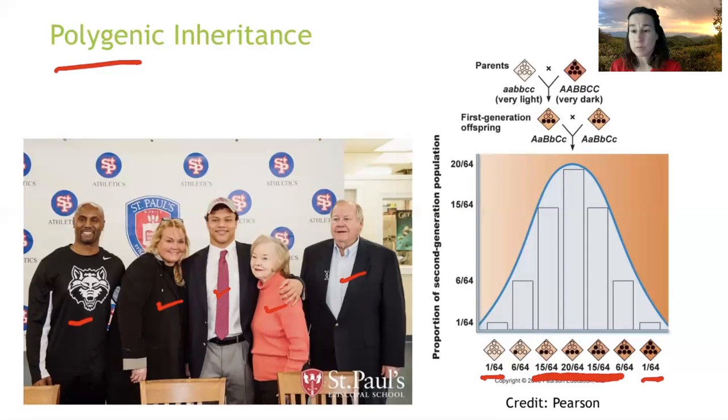So numbers wise, it was more likely, because this is a trait that is controlled by multiple genes, that their child, given their two extreme differences, would more likely be in the middle as far as skin coloration. Again, their child could be more towards one end or the other, but the likelihood is that they would be somewhere in between. So it's multiple genes controlling one trait. It's polygenic. And my example for polygenic is skin coloration.